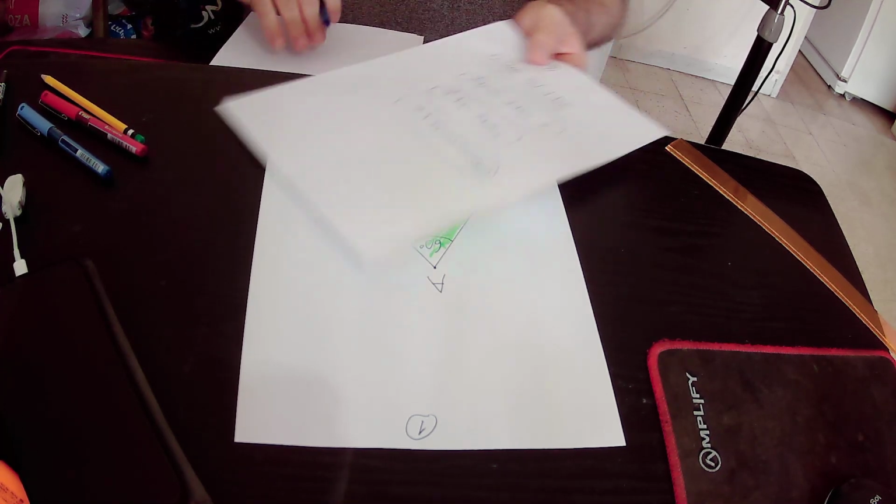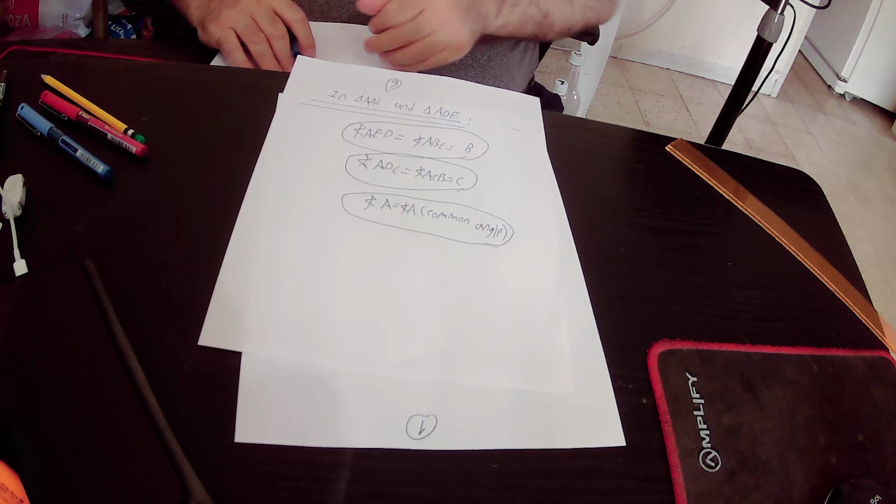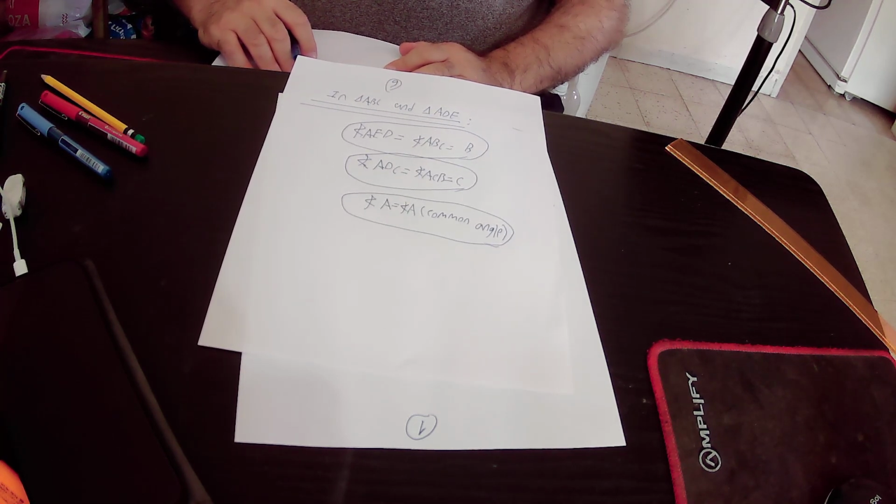So we actually proved that all the three angles of the big triangle, triangle ABC, are congruent to all the three angles of triangle ADE.